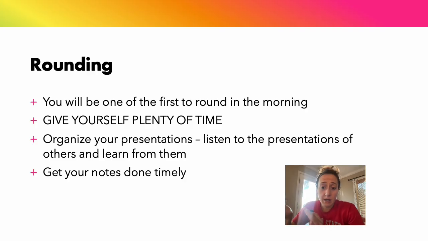Okay, so you're definitely going to be rounding on these rotations, and you will likely be one of the first people to round in the morning. So give yourself plenty of time. I think rounding is not that hard, but oftentimes you can run out of time, either formulating your plan or getting your presentation ready.